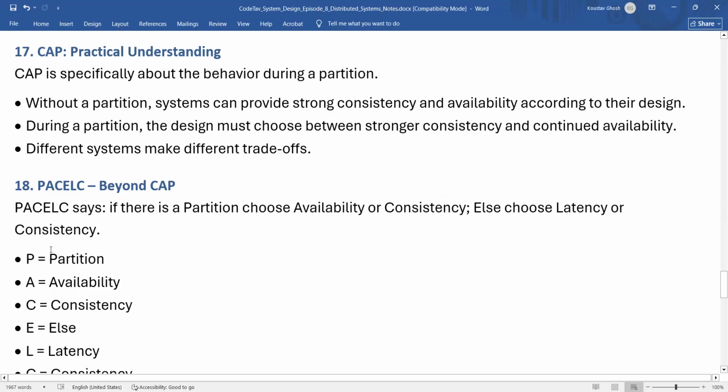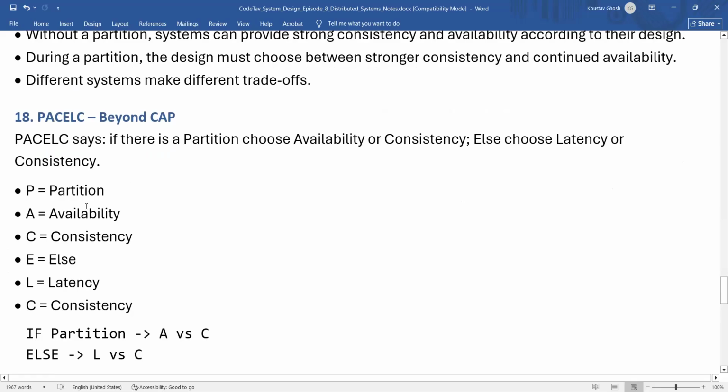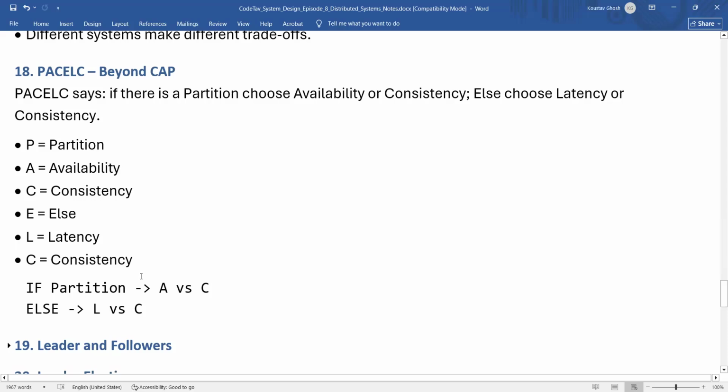Here in PACELC, P is for partition, A for availability, C for consistency, E for else, L for latency, C for consistency. If partition, then A versus C. If no partition, then latency or consistency. So this gives us a more complete way to think about distributed database trade-offs.